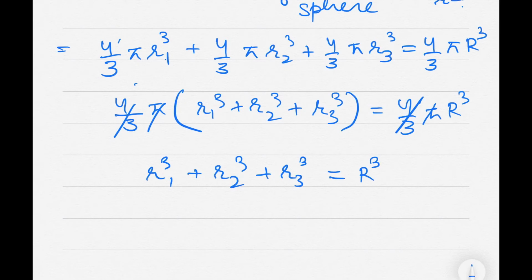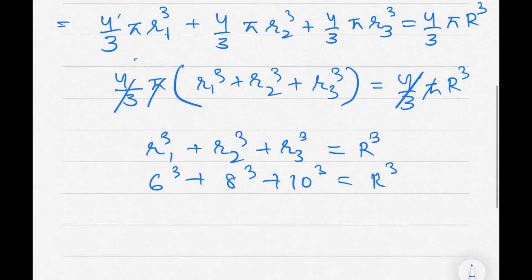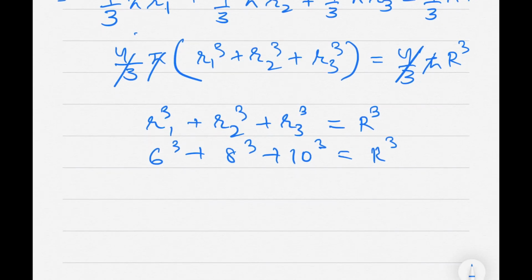I have to just substitute the values. My values for the 3 radii are 6, 8 and 10. So 6 cube plus 8 cube plus 10 cube will be my R cube. So 216 for this one, and 8 cube is 512. We have already done cubes, right? We know all of these, so this will be equal to R cube.